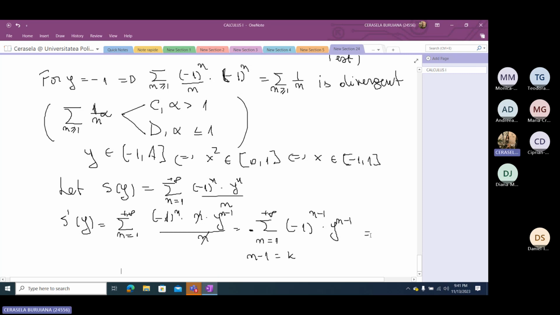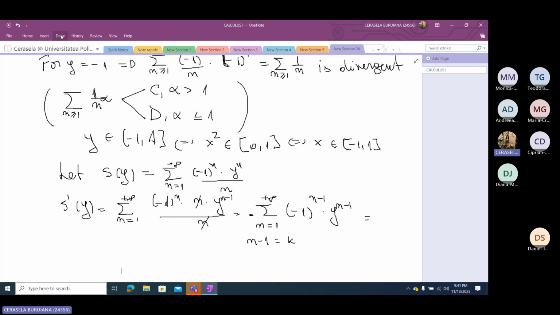Actually, if I take it like this, I get minus the sum of the series, now in k. If n starts from 1, k will start from how much? 0. Exactly.